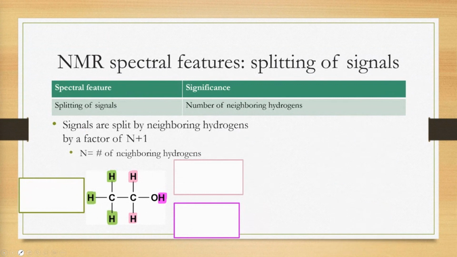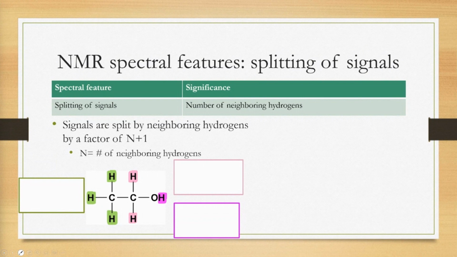Okay, then the last feature is the splitting of signals. This is caused by the number of neighboring hydrogens.